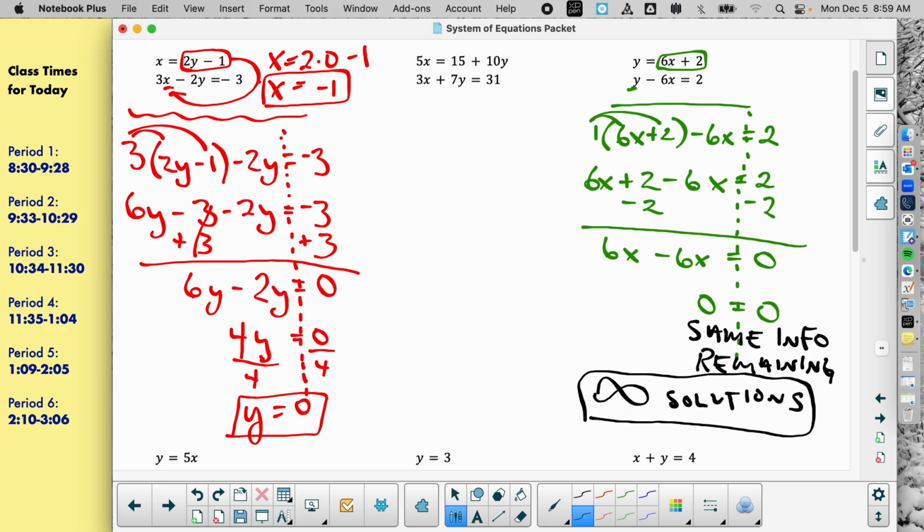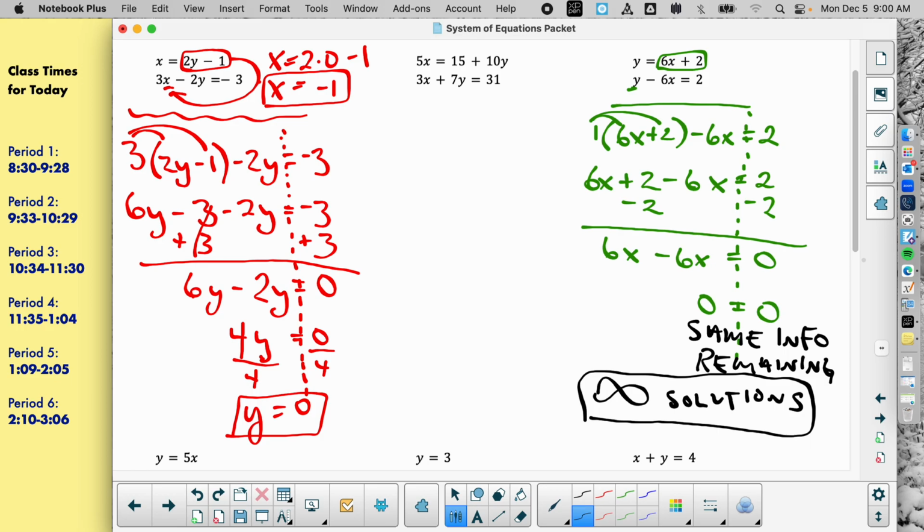Perfect. Neither one of them says x equals or y equals. So what we have to do is make one of the equations say x equals or y equals. Now one of these is actually pretty close to doing that. If I look at that top equation, it says 5x equals. So that's pretty close. How would we make it a regular x instead of 5x? How do you get rid of the 5? You're correct. Divide by 5 because it's times.